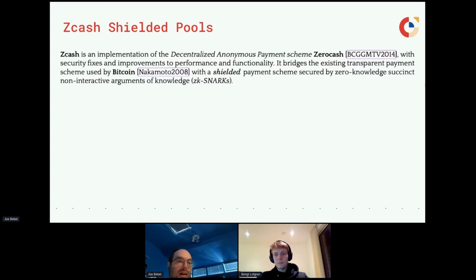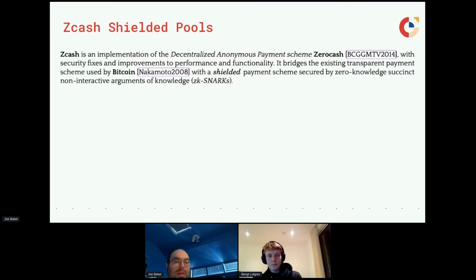And the general idea is that we want to accomplish things that you can do using the existing transparent systems, but use zero-knowledge proofs, or more accurately, zero-knowledge succinct non-interactive arguments of knowledge, which is a technical distinction.